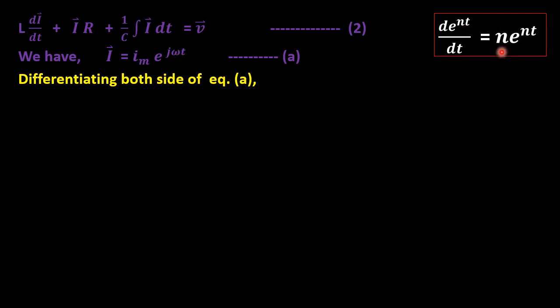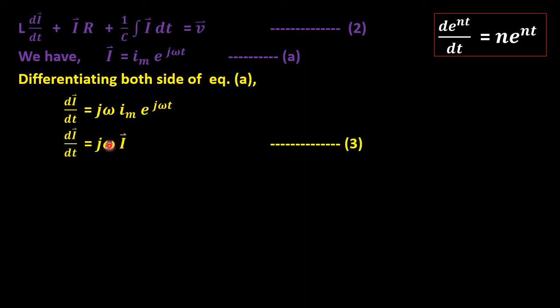So after differentiating, it will be j omega e to the power j omega t. So di by dt equals j omega Im e to the power j omega t. Again, we replace this Im e to the power j omega t back by I, and it can be written as di by dt equals j omega I. Let this be equation number 3.